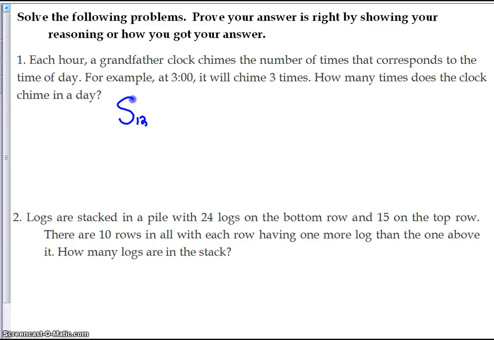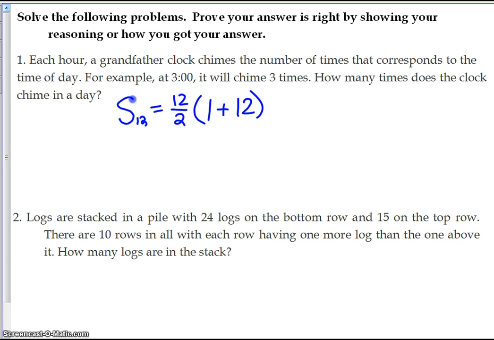Let's just think about what it does in half a day. How many times does it chime in 12 hours? It starts at 1 chime, and it goes to 12 chimes at midnight, so we have 12 values here.